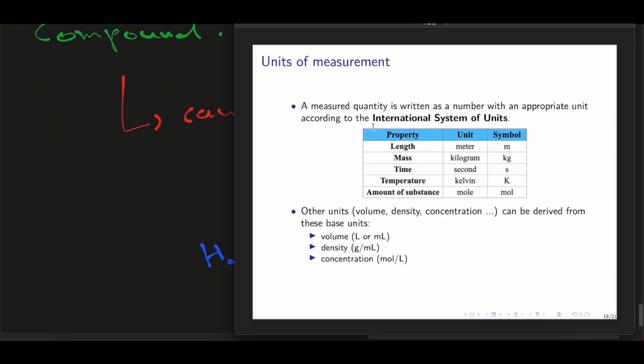A measured quantity must be written as a number with an appropriate unit according to the International System of Units. So any quantity that we measure in the laboratory, we have to use the appropriate units.